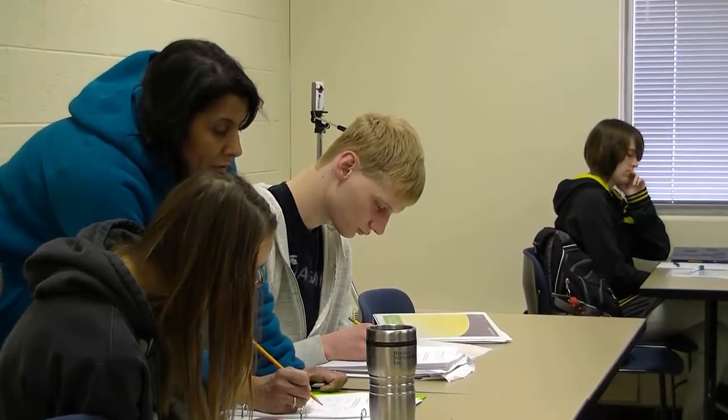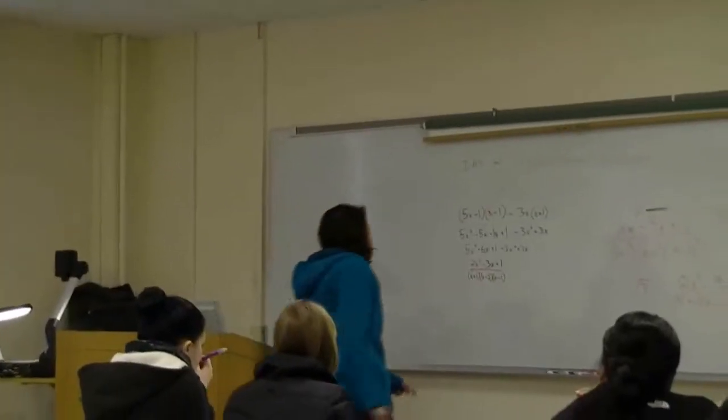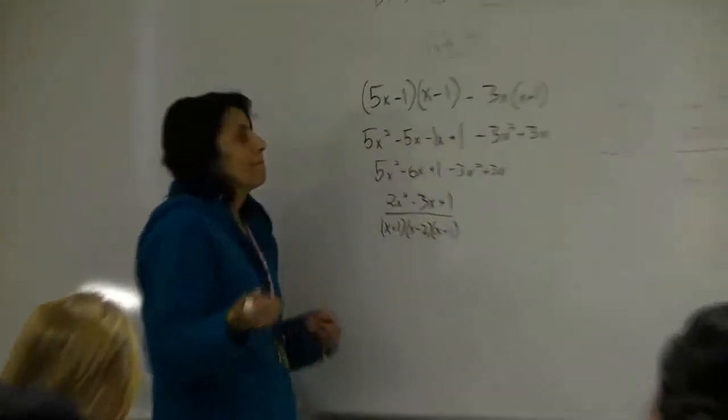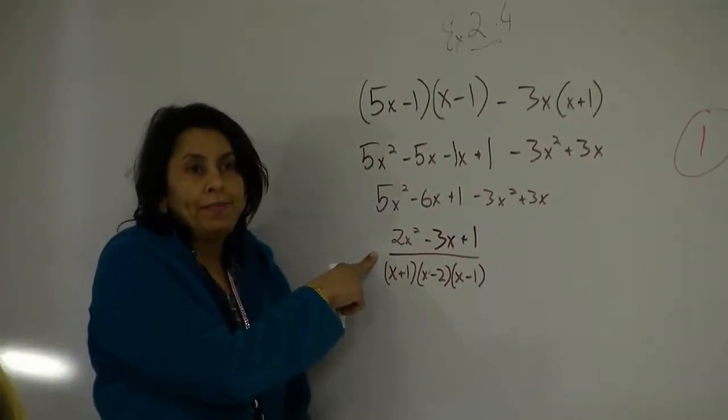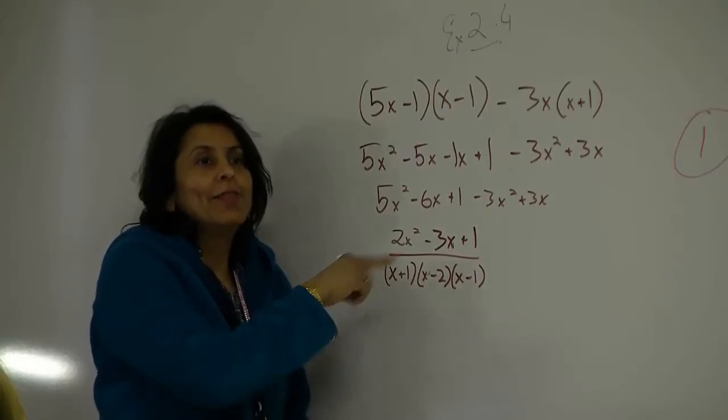All right, let's see if we all agree with what is the answer put in the brown marker. 2x squared minus 3x plus 1. Is this answer right? All right, why not?